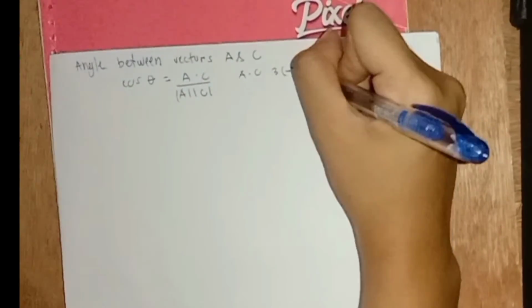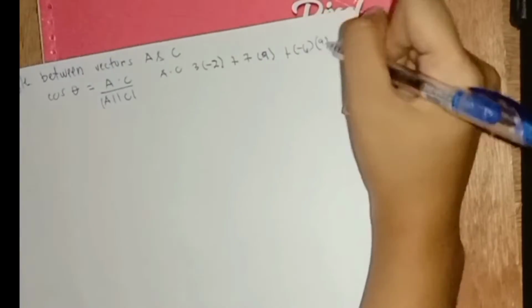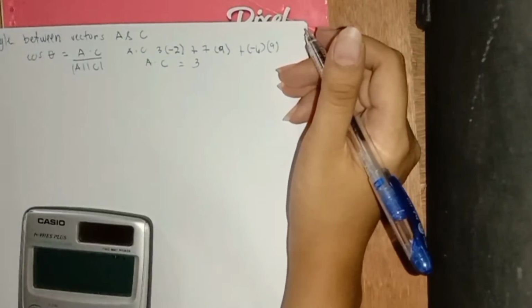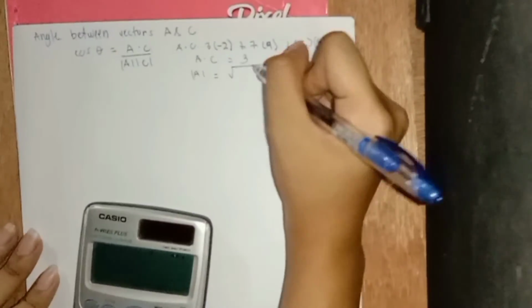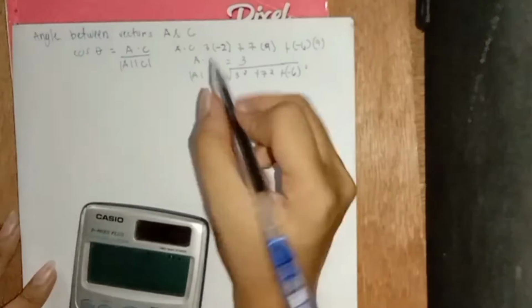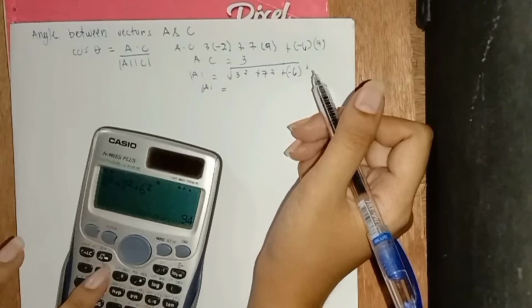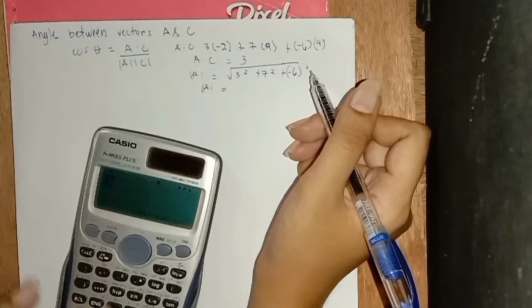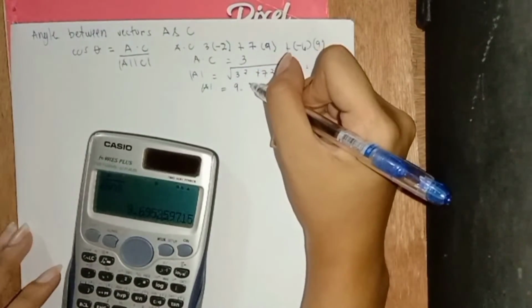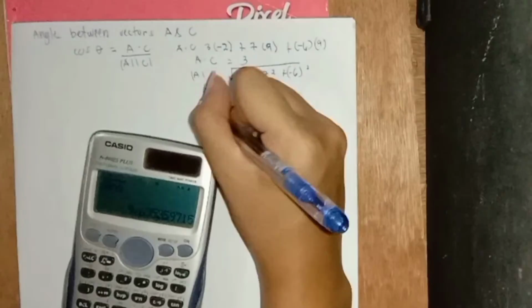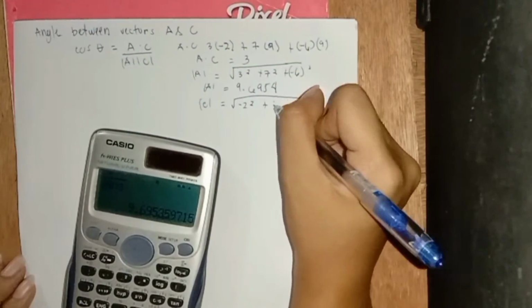For the angle between A and C, the same process will apply. Cosine theta is equal to the dot product of A and C over the magnitudes of A and C. For the dot product, we have 3. For the magnitude of A, just press it on the calculator, 9.6954.